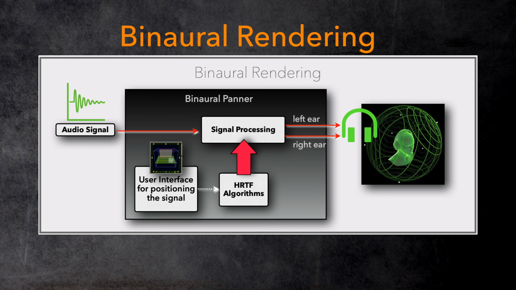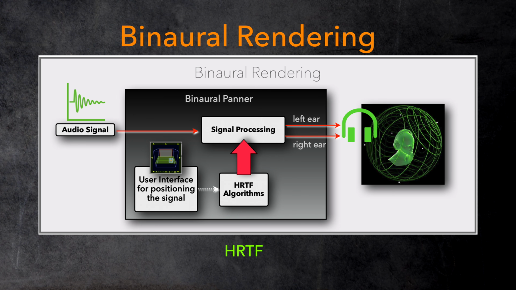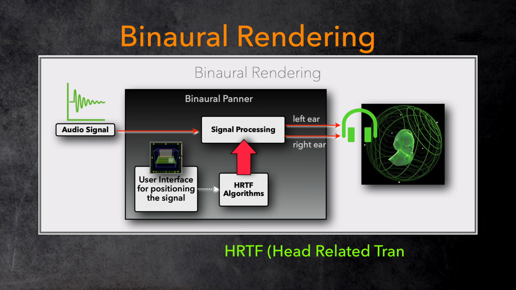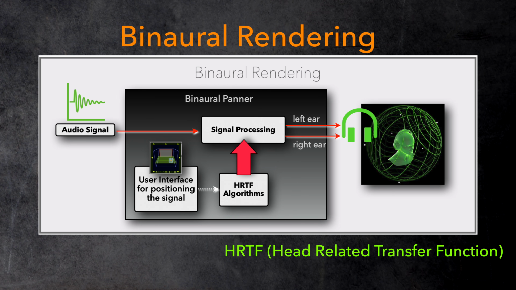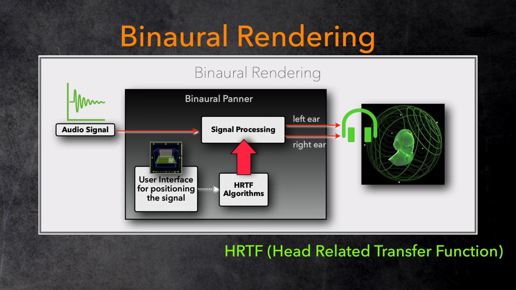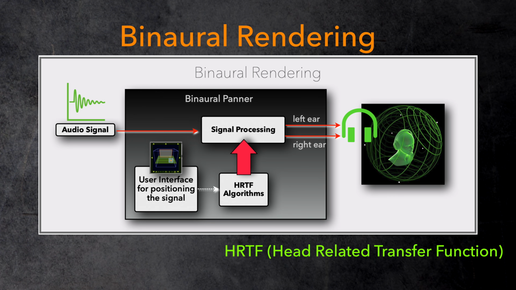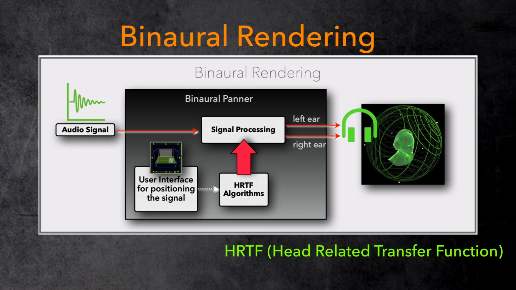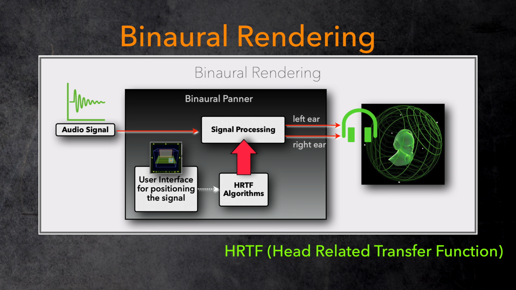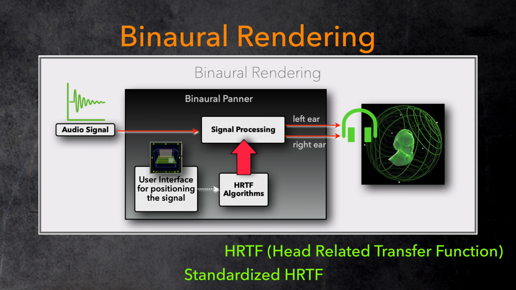Binaural rendering uses a complex math function called HRTF, or a head-related transfer function, that simulates the shape of the head and ear. Because those shapes are different for each person, that binaural renderer in most applications uses an average shape, with the drawback that the more your own shape is different from the average shape, the less convincing the 3D experience will be.